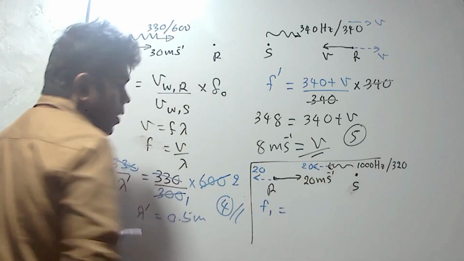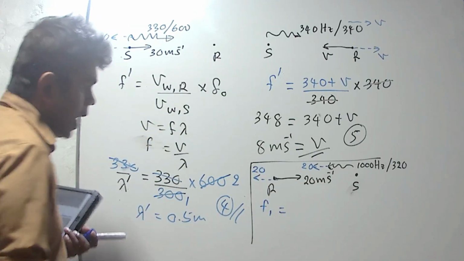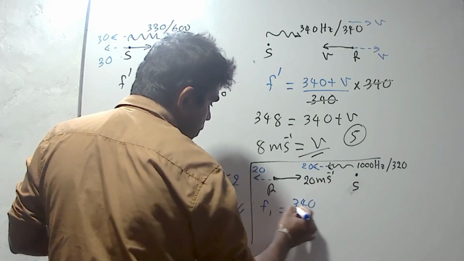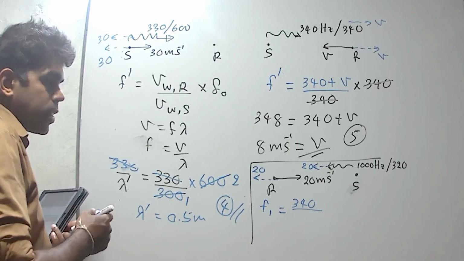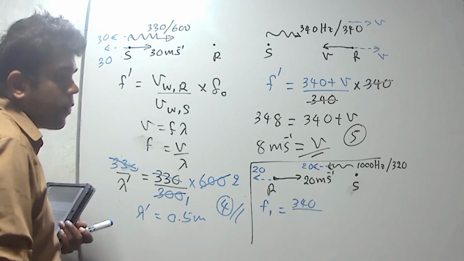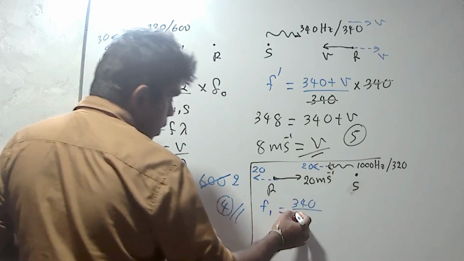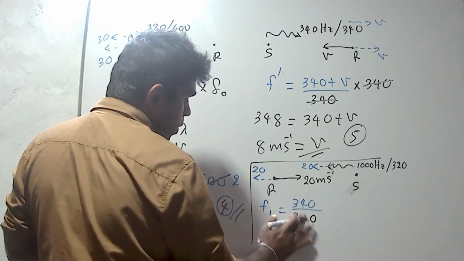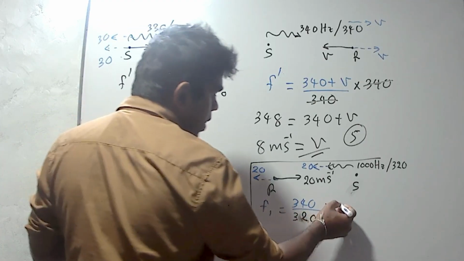Now there are two velocities for the wave in the same direction. Therefore, we have to add 320 plus 20, 340. Divide by the velocity of wave relative to source. When getting the velocity of wave relative to source, the source is at rest. Therefore, there is no change of velocity of the wave. 320 multiplied by the real frequency 1000.